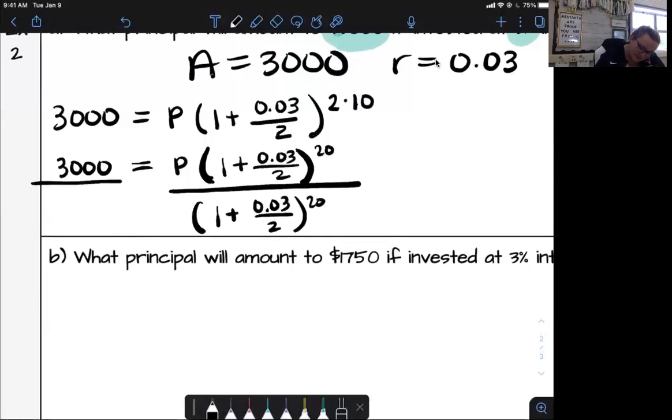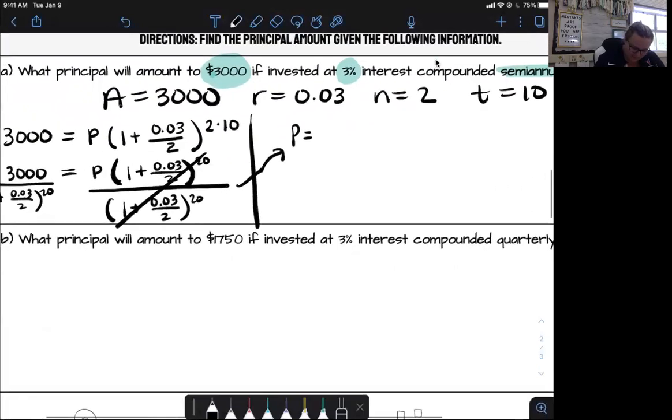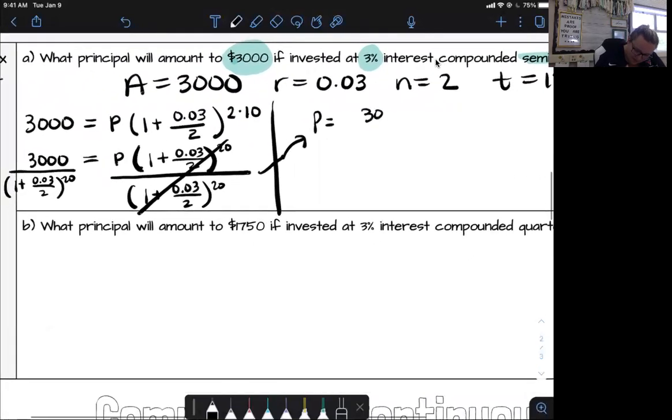What I do to one side, I have to do to the other. And that'll cancel on that side. So P then will be equal to 3,000 divided by 1 plus 0.03 divided by 2 to the 20th.